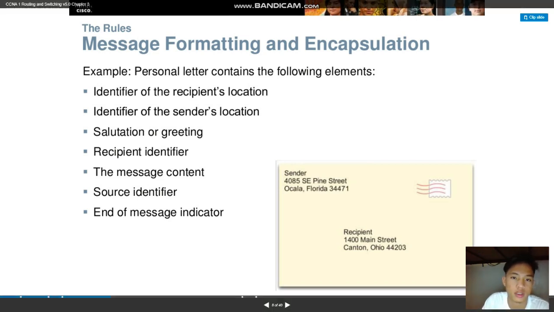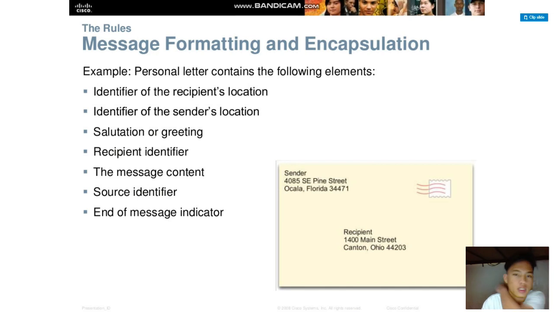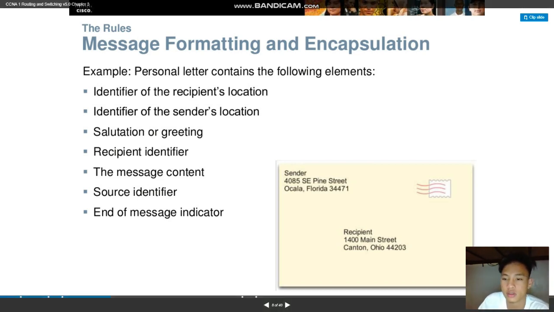A personal letter, for example, contains the following elements: identifier of the recipient's location, identifier of the sender's location, salutation or greeting, recipient identifier, the message content, source identifier, and the end of message. So the letter is an example of message encapsulation.